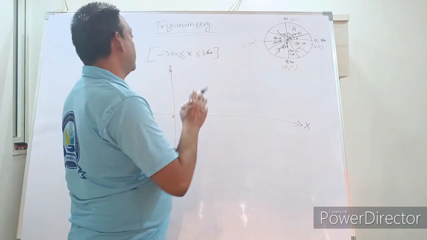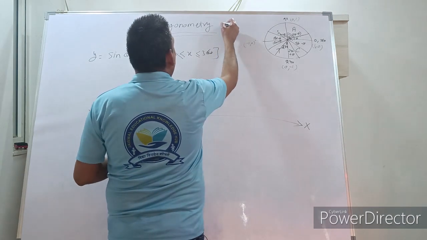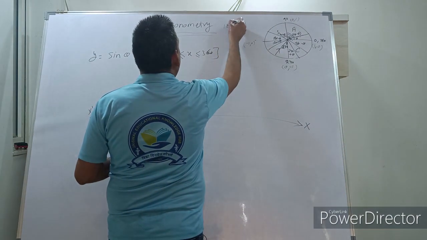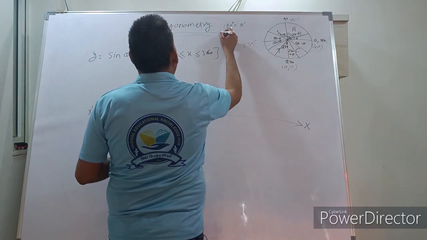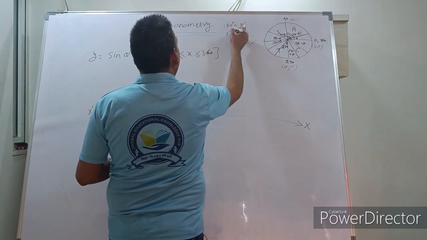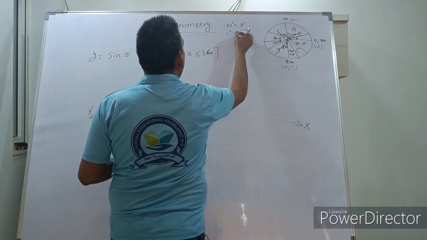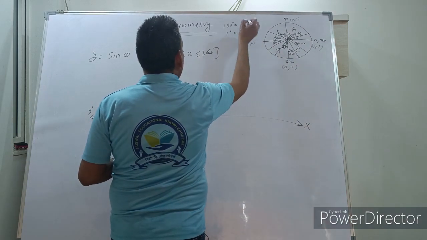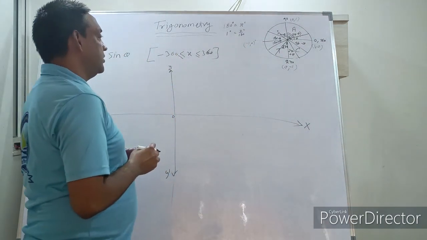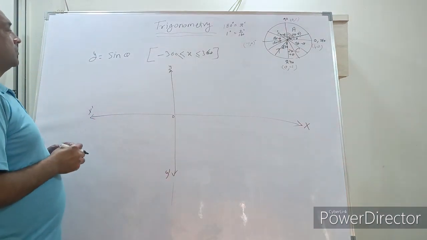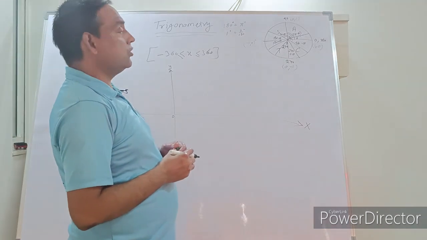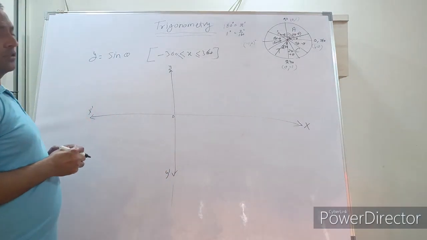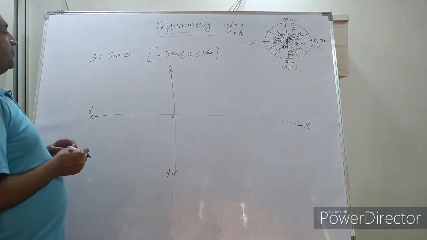I already told you, 180 degree is nothing but pi radian, or you can say 1 degree is equal to pi over 180 radian. These are the conversions. In 11th and 12th they give sums based on radian also, or they can give degrees also. So first we are doing it with degrees.